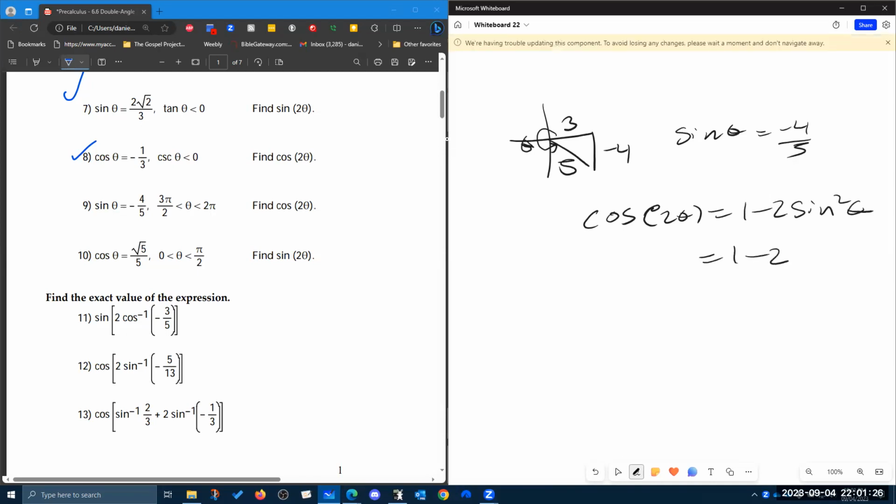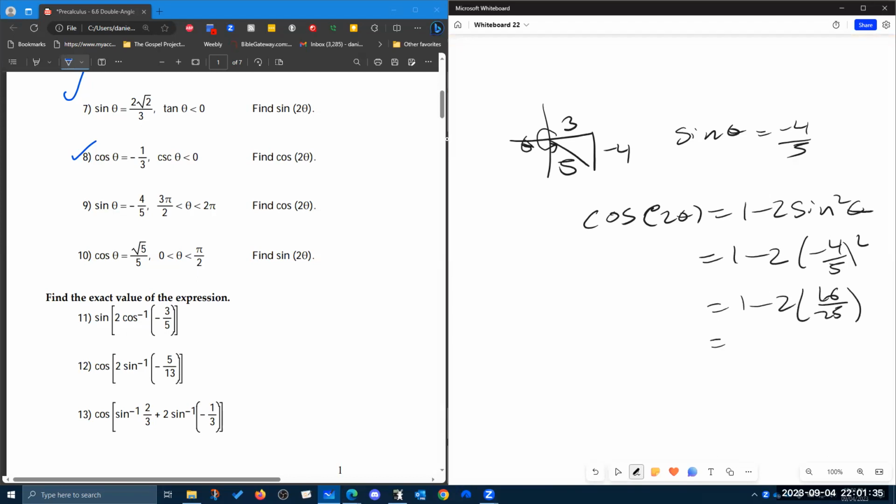So 1 minus 2 times negative 4 over 5 squared. So 1 minus 2 times 16 over 25. 25 over 25 minus 32 over 25 is a negative 7 over 25.